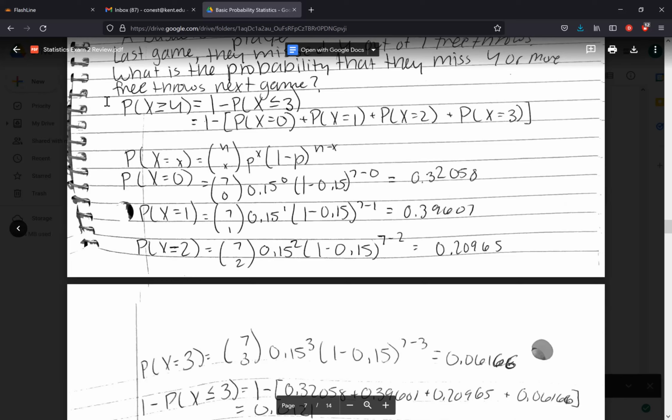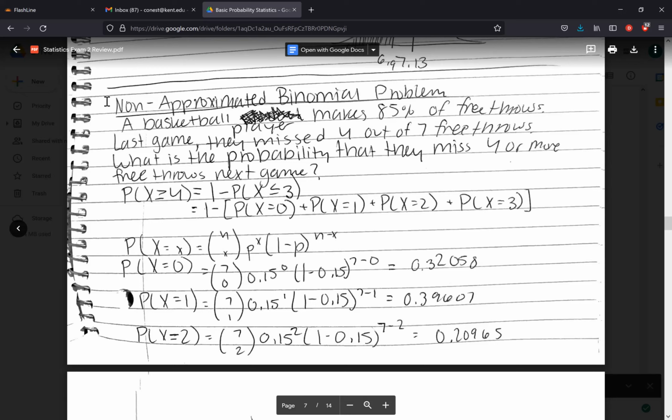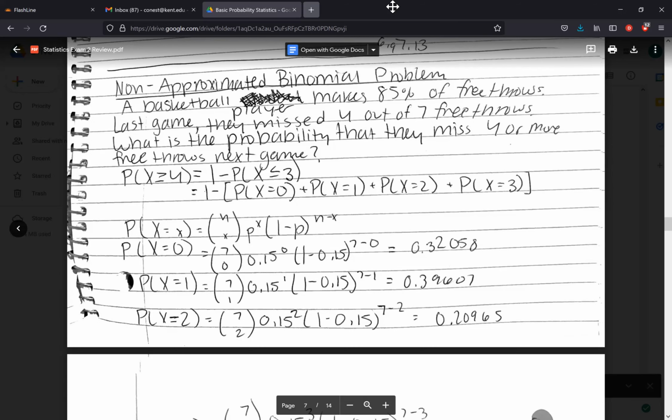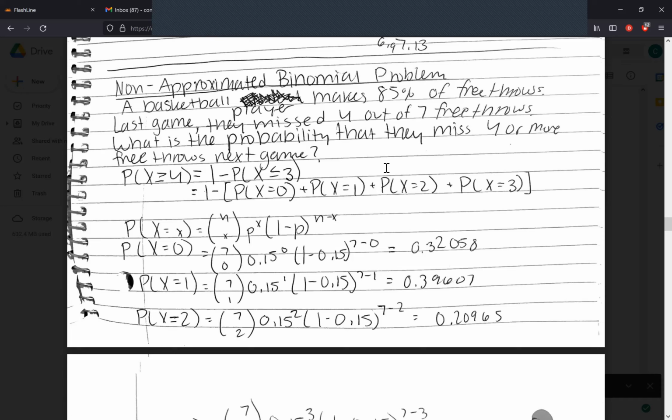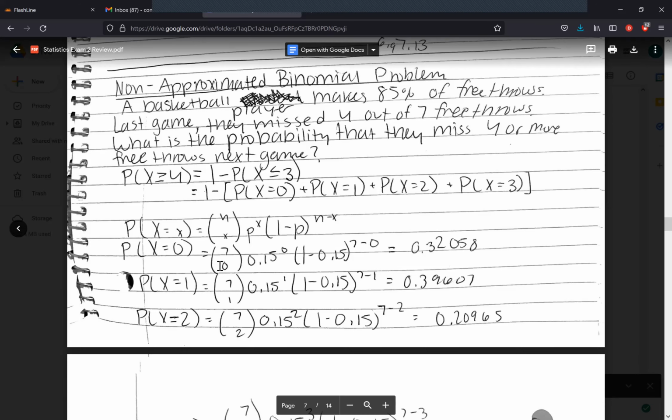So you're going to calculate that, and it's going to be times the probability of missing a free throw, which they don't actually give you, but they give you the probability of them making the free throw. So if they make 85% of the free throws, then they miss 15% of the free throws, or 0.15.